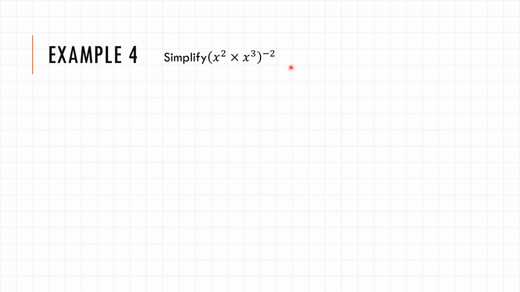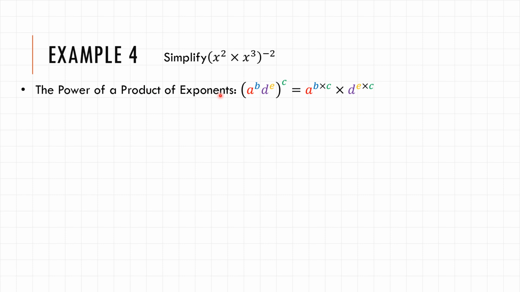The other strategy I'll use is instead of combining these first, I can use the power of a product rule, where I can take this outer exponent and multiply it first by 2. So 2 times negative 2. And then I can multiply this result by 2 times 3, by x to the power of 3 times negative 2.